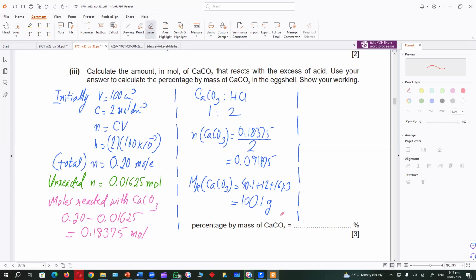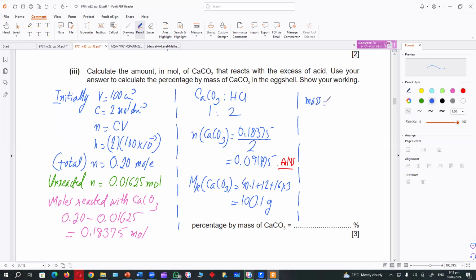Actually, if we found the mole, then why do we find the molar mass? To find the mass. But he's asking for the amount in moles. Oh, you're right.